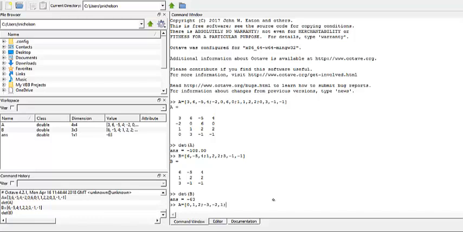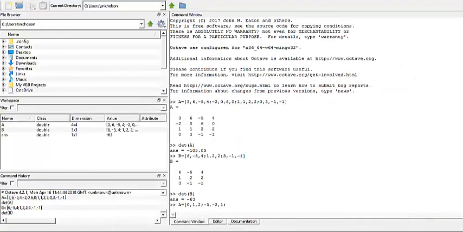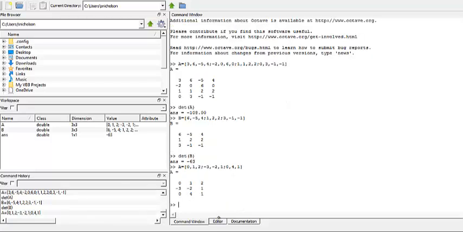And let me make sure I'm doing the right one here. 0, 4, 1, yep, okay. 0, 4, 1. I push enter and it should show me the matrix, and I can double check it's right.